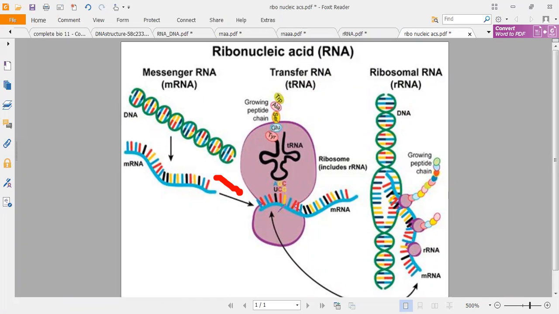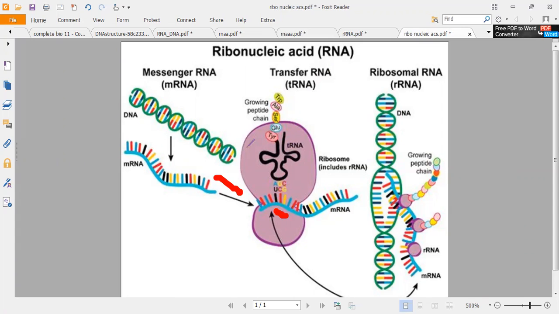Here you can see the triplet UCG, and the complementary anticodon on transfer RNA is AGC, which are attached to one another, and the transfer RNA carries one amino acid with it.